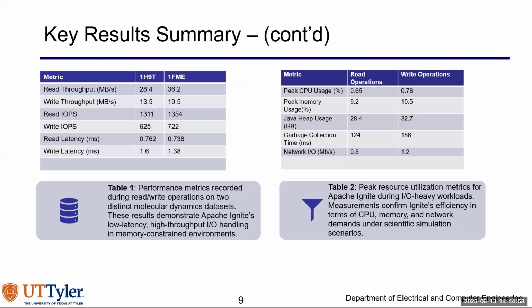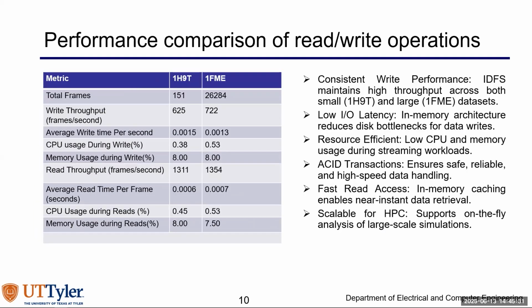If you look at the diagram, the write throughput for 1FME is approximately 15.5% greater than for the smaller data set, and the average write time is slightly better than the other, maybe based on the framework overhead. At the same time, if you see the CPU, I think, could you please go to the next slide, please? Sorry, yeah, this is the one I'm talking about. Sorry about that.